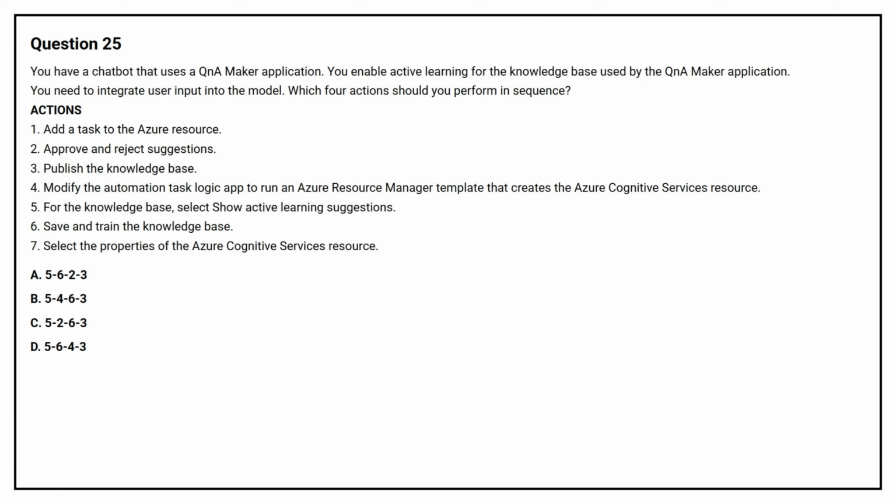1. Add a task to the Azure resource. 2. Approve and reject suggestions. 3. Publish the knowledge base. 4. Modify the automation tasks logic app to run an Azure Resource Manager template that creates the Azure Cognitive Services resource. 5.